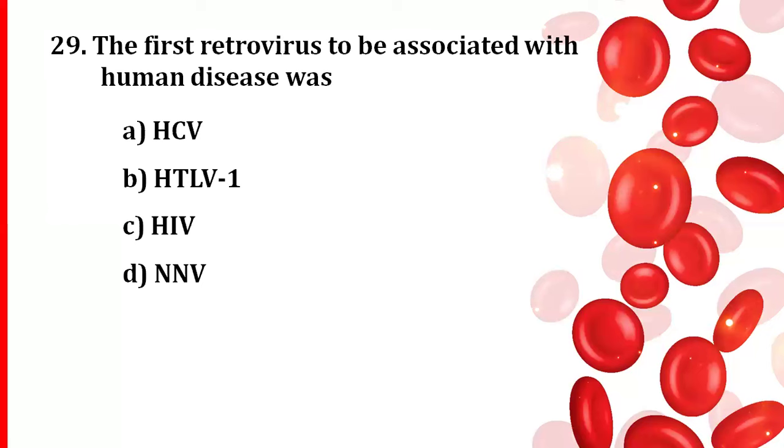That is human T lymphotropic virus 1. Option C, HIV, that is human immunodeficiency virus. What is NNV? NNV means nervous necrosis virus, also called beta noda virus. Here the right answer is HTLV1, human T lymphotropic virus 1.